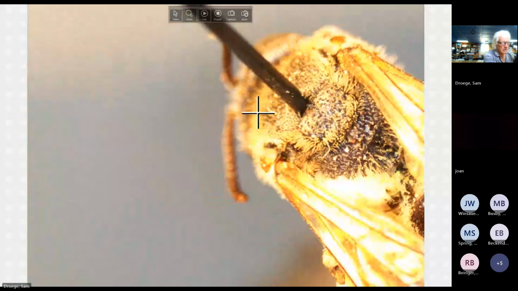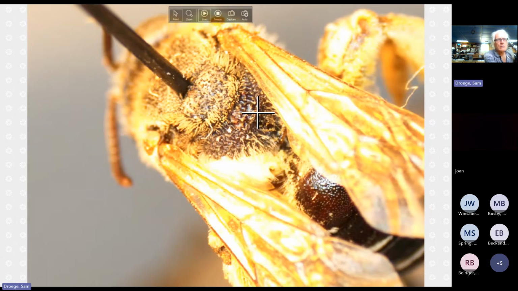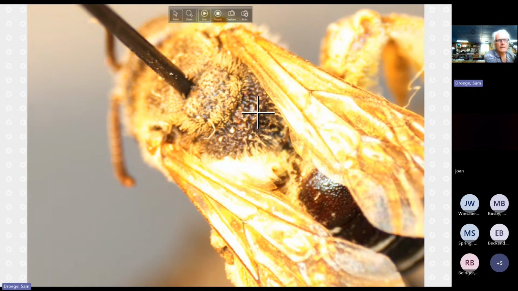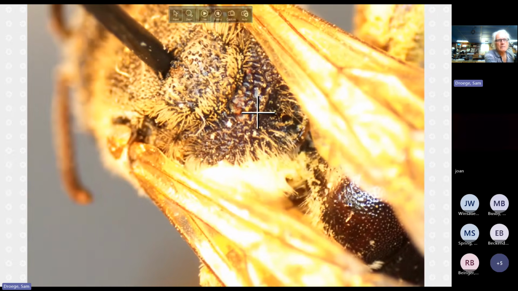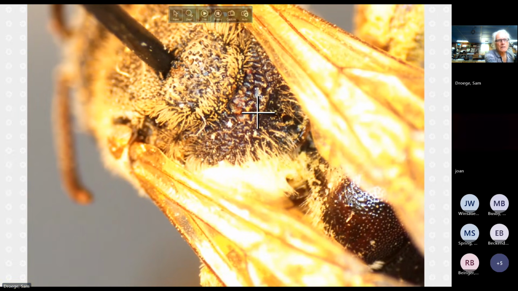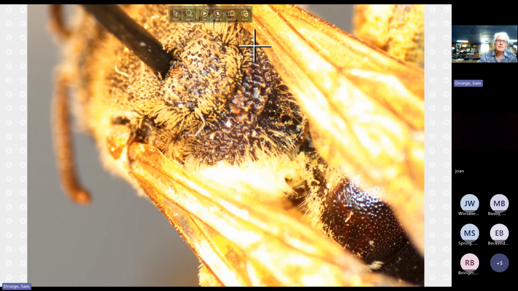And I'm going to move it more to the center. So I'll orient everyone. And let's just bump up the magnification a bit. So here's what we're looking at. Scutum, boundary, scutellum, boundary, metanotum, boundary, propodium, and triangle of the propodium.